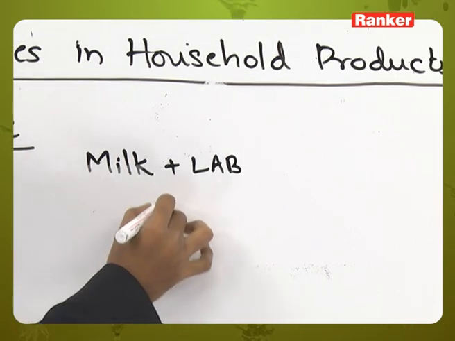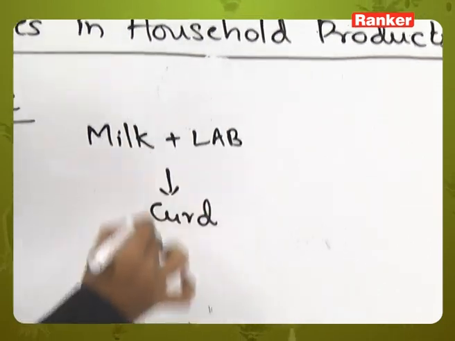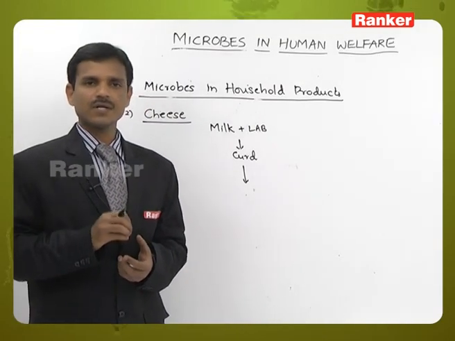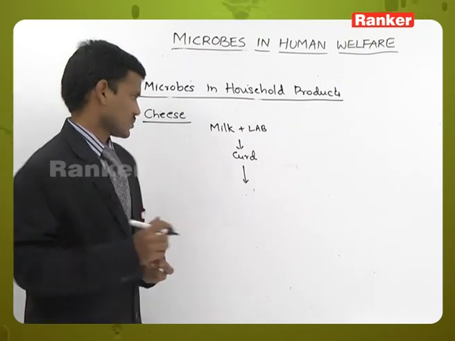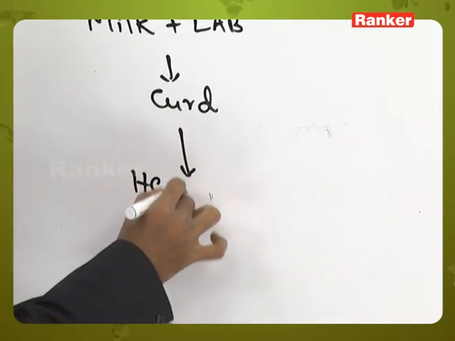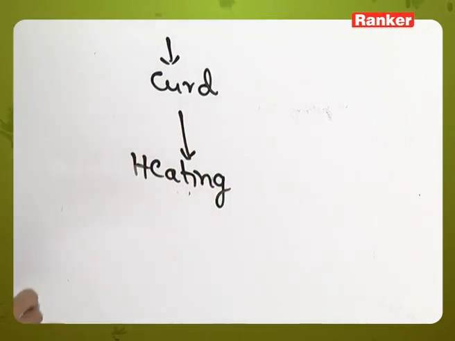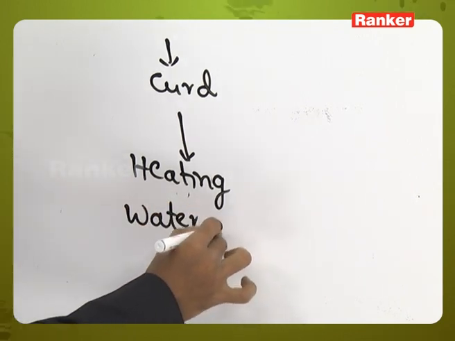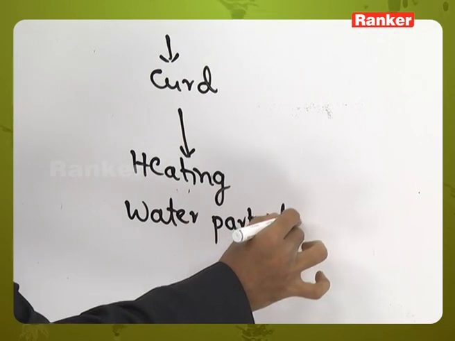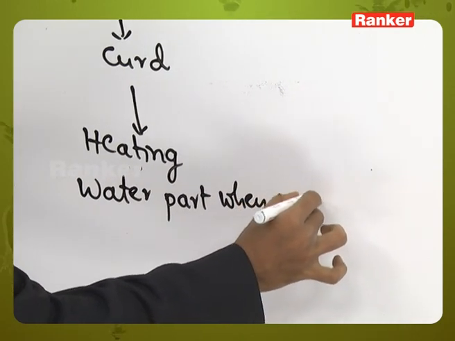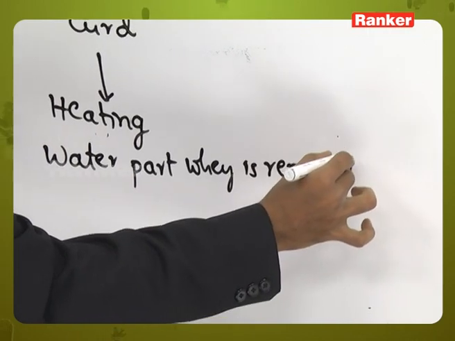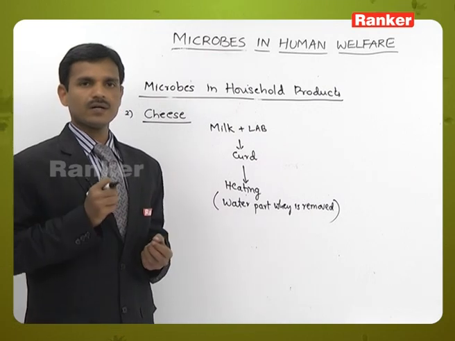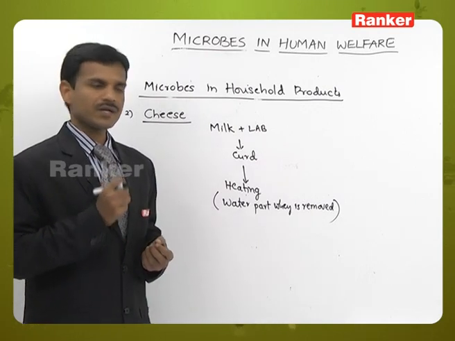The curd is slightly heated, and after heating, the water part or whey is removed. After the removal of the water part, the solid part is called cottage cheese.